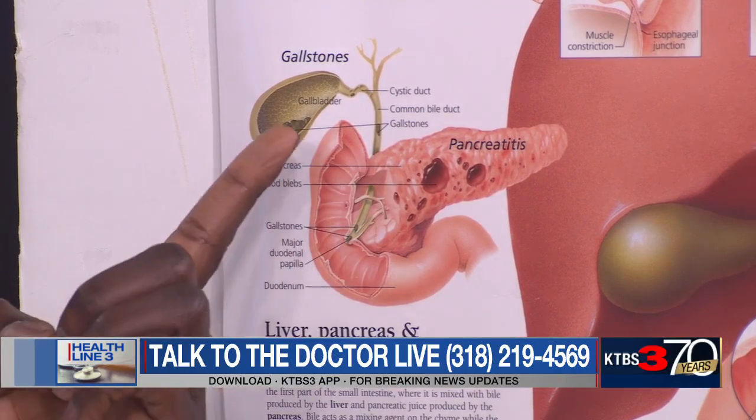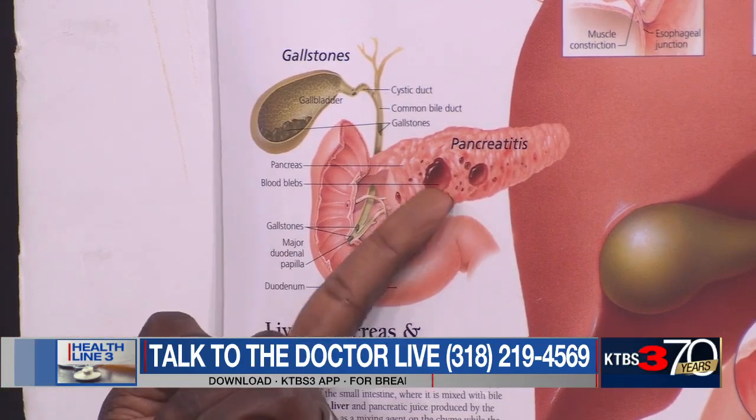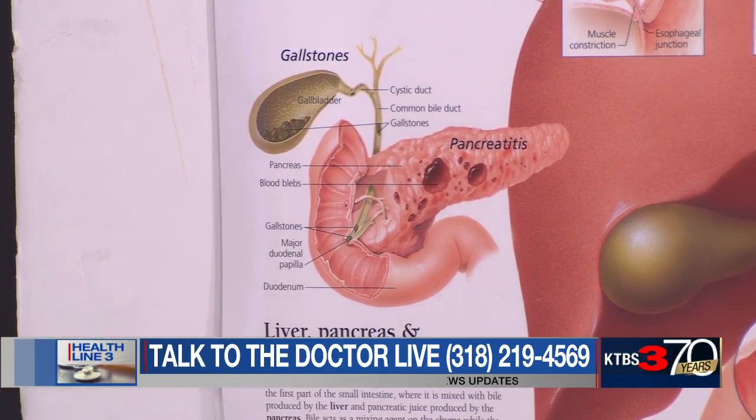Anytime there is a disease within the gallbladder, the bile duct, or the pancreas, we have a condition called pancreatitis, pancreatic disease, or gallbladder disease. It could be stone-related or function-related. The gallbladder may not be functioning well, or a stone may be obstructing the bile duct. These three comprise what we call pancreaticobiliary.